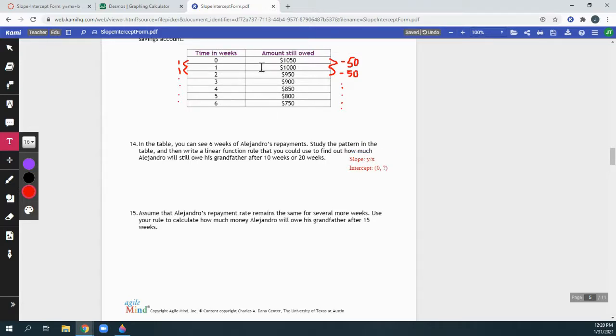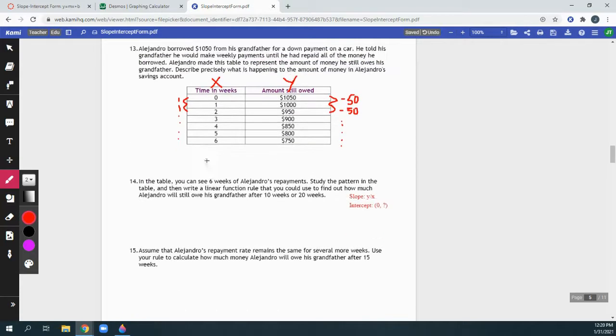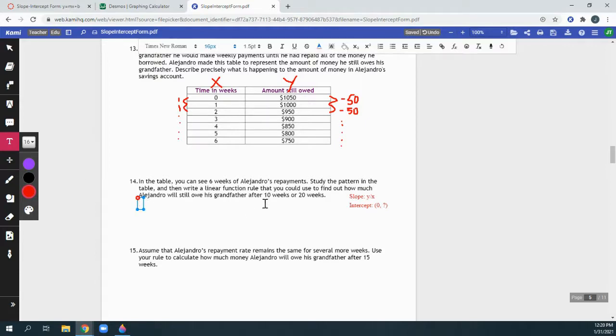The intercept's in there, and the slope is not too hard to find either because this changes by 50, that changes by 1. The amount you owe depends on how many weeks you've been paying. So this is our x over here. This is our y. Just for the record, they almost always put y on the right side. There's not a rule about that. It's just how we like to write things in math.